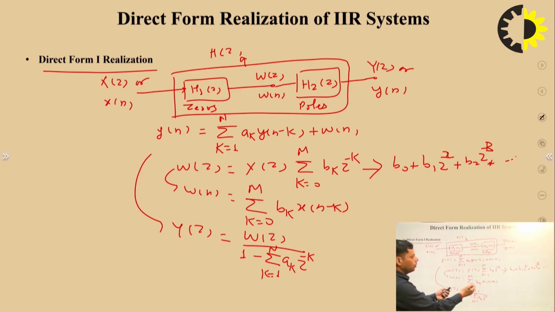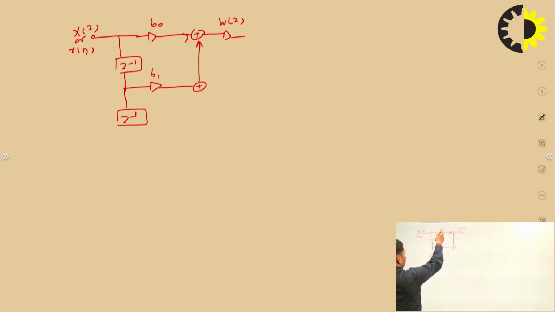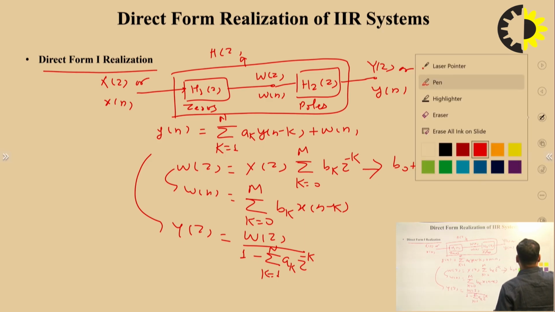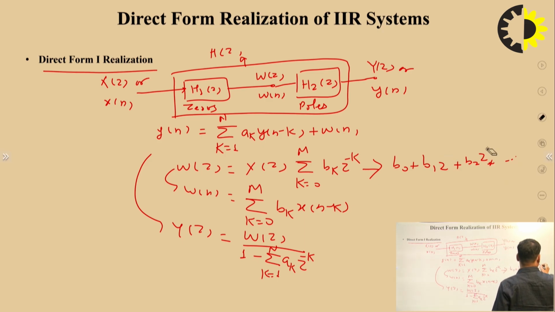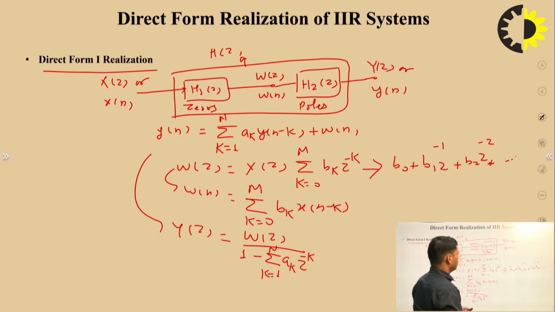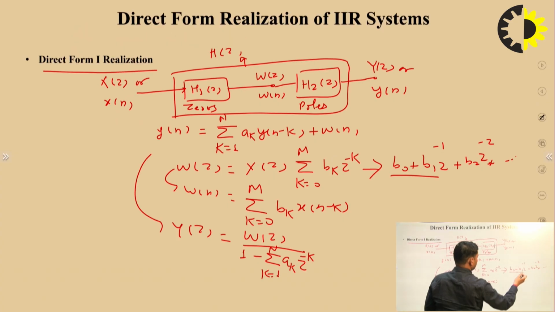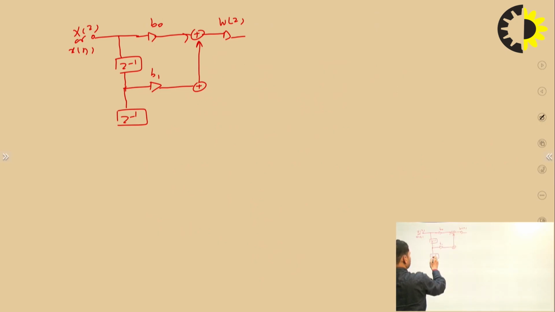So the output we can first check for these two, b naught plus b1 z inverse. Now the next one, b2 z raised to power minus 2.